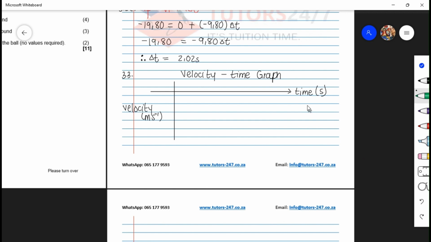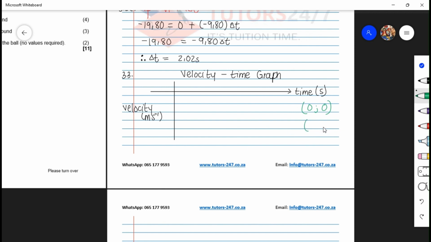So time will be x, velocity will be y. So we know that the initial time is 0, and our initial velocity is the velocity at which the object was dropped. So that is going to be 0 as well. So our first coordinate is going to be 0 and 0.